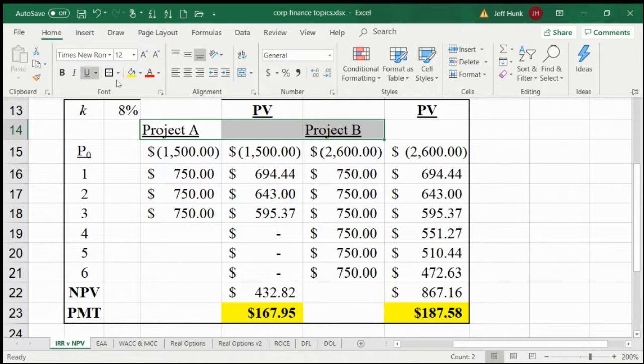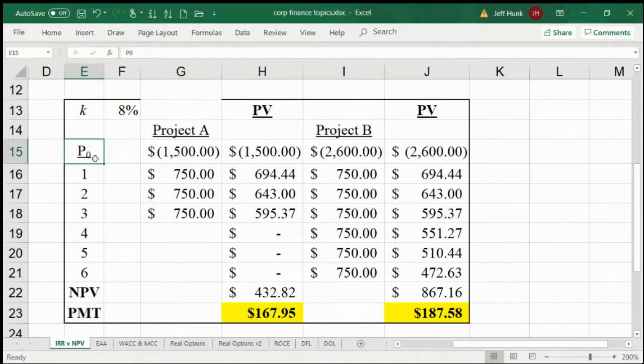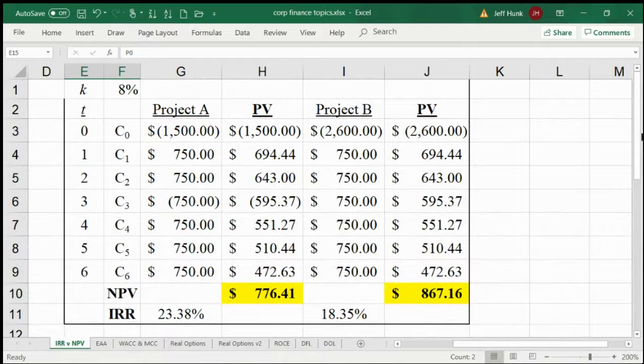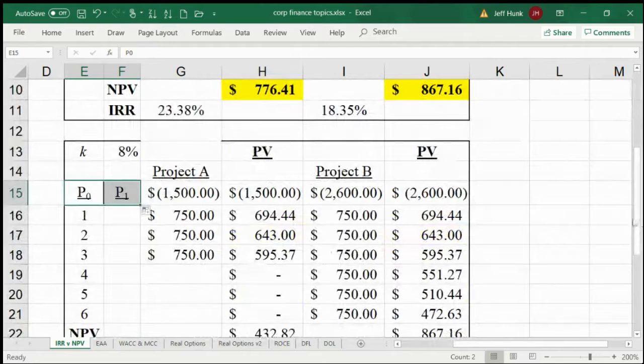So let me do some housekeeping, right? It's very important to, so cash flow. I'll call this time, right?